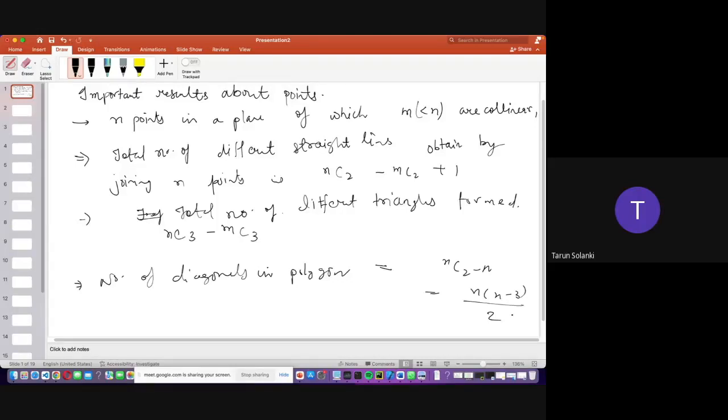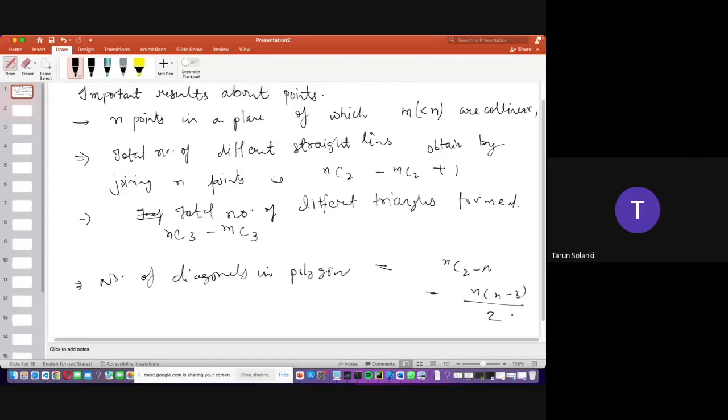So again I'm repeating, if there are n points in a plane of which m are collinear, then first, the total number of different straight lines obtained by joining these points is nC2 minus mC2 plus 1. Second, the total number of different triangles formed by joining these points is nC3 minus mC3.